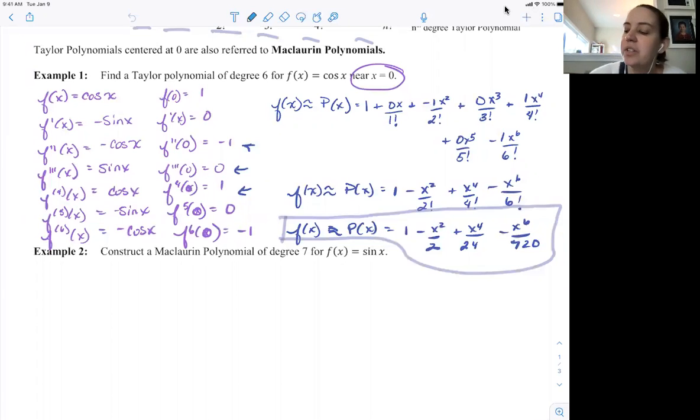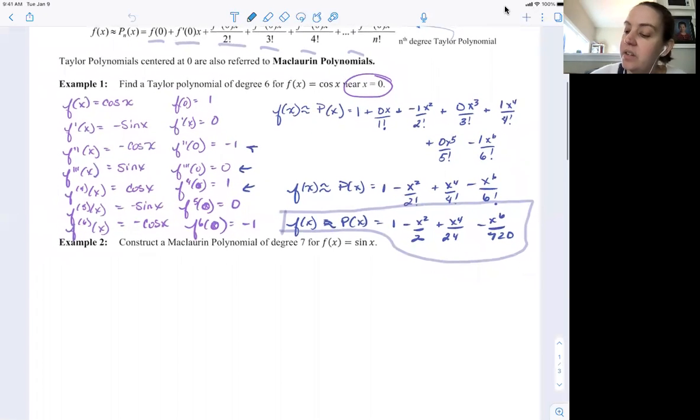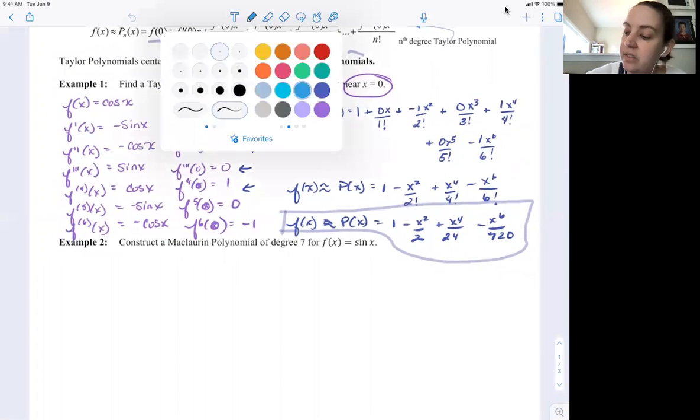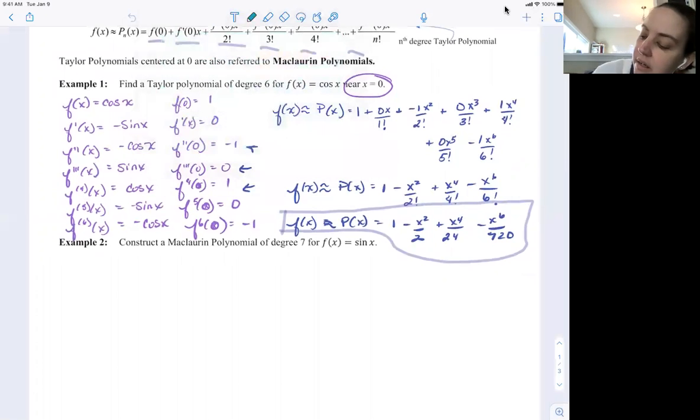Example 2, construct a Maclaurin polynomial of degree 7 for f of x equals the sine of x. So same process. Let's start out with f of x is the sine of x. The first derivative is cosine. The second derivative is negative sine.